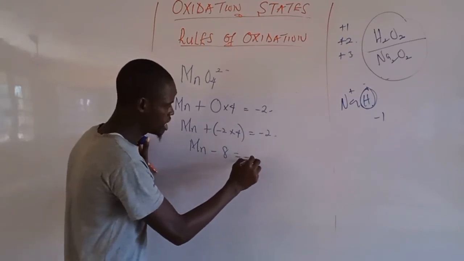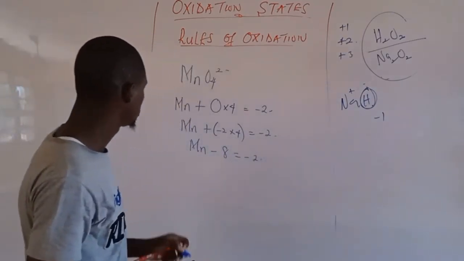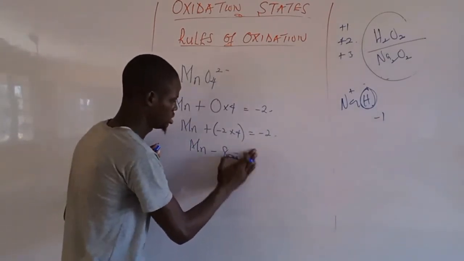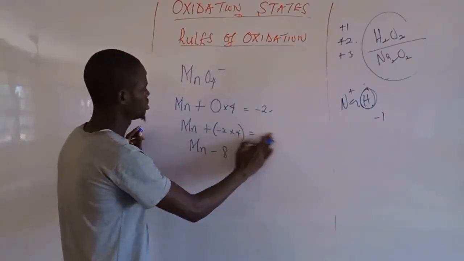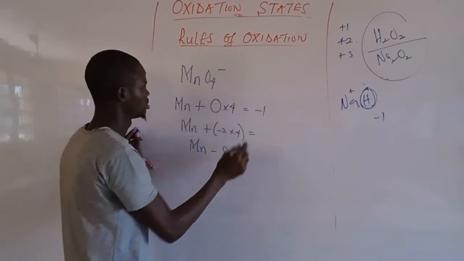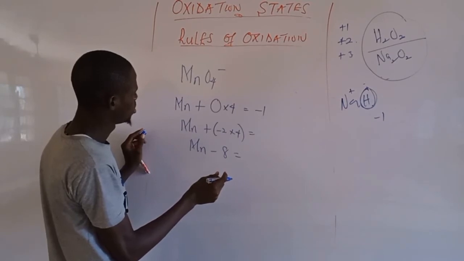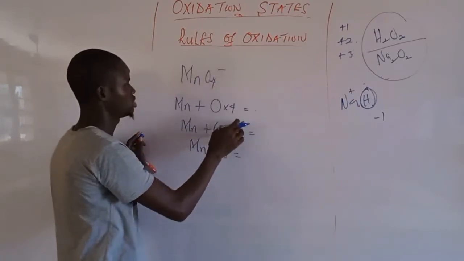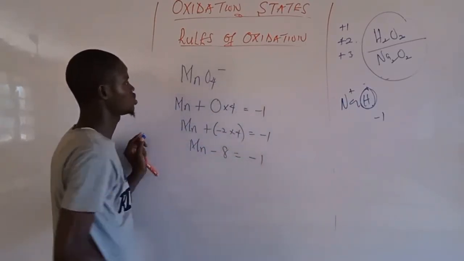Tetraoxo manganate 7. Not, this is not 2, this is minus 1. The charge of this compound is minus 1.